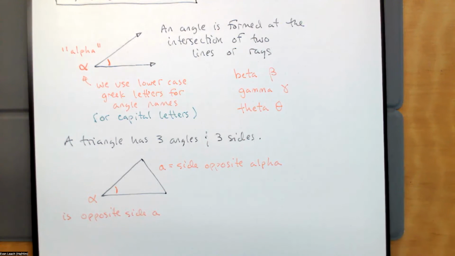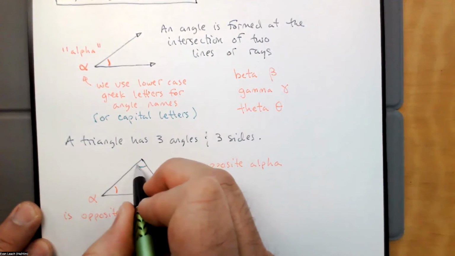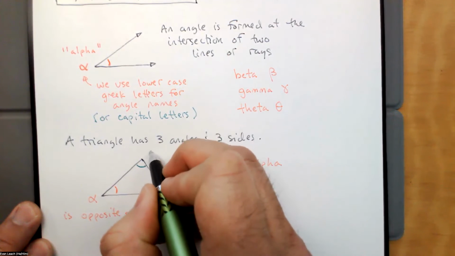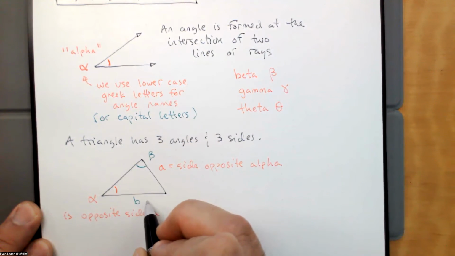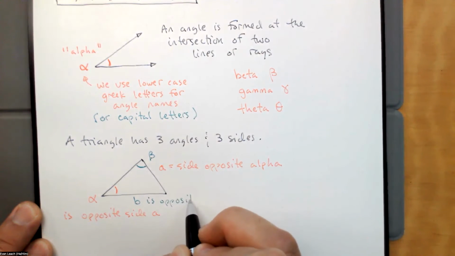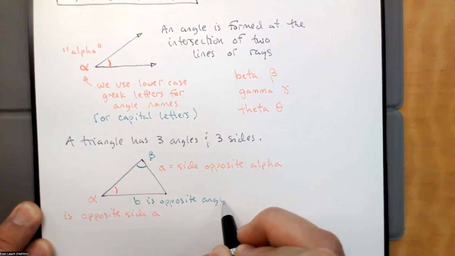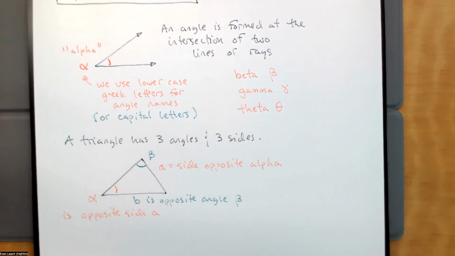One of the angles will be theta. So side B is opposite angle theta.